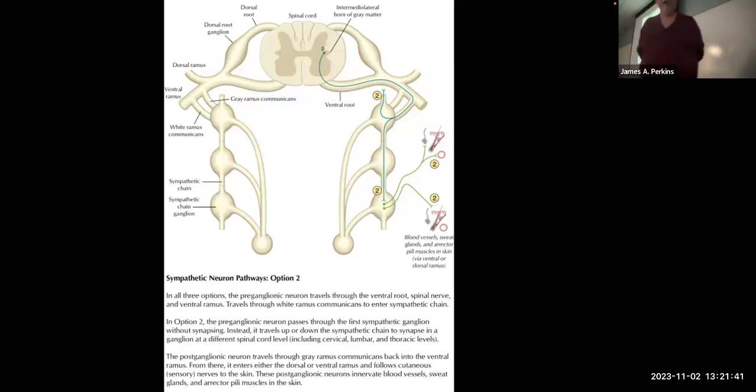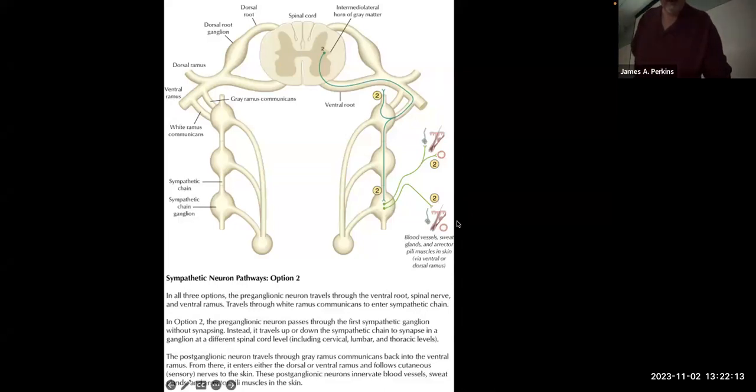Or they may turn inferiorly and travel down to a lower level, including the lower lumbar levels, the sacral levels, and the coccygeal level. Once they reach their ganglion of choice, the preganglionic neurons synapse with postganglionic neurons, also in one of these sympathetic ganglia, just at either a higher or a lower level.